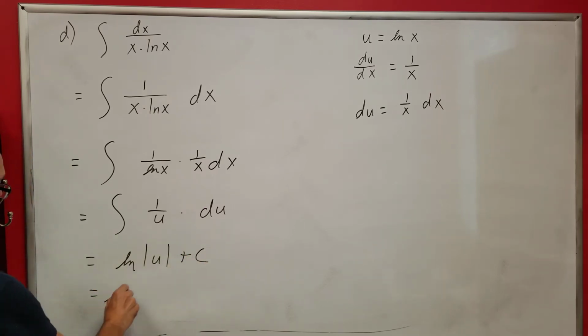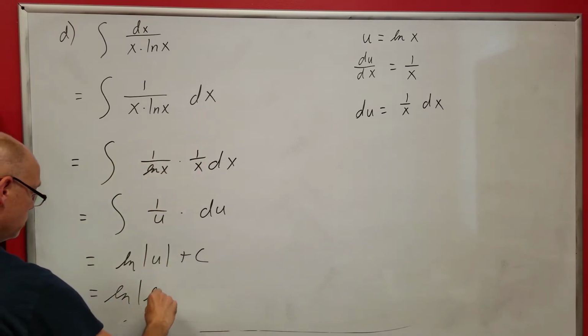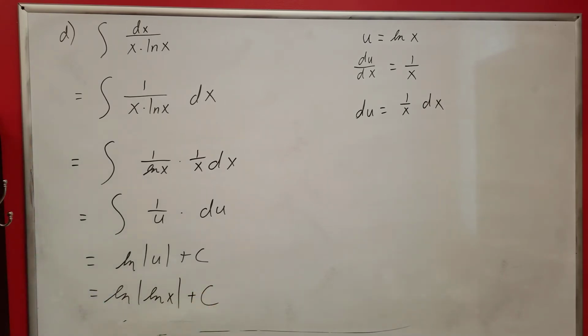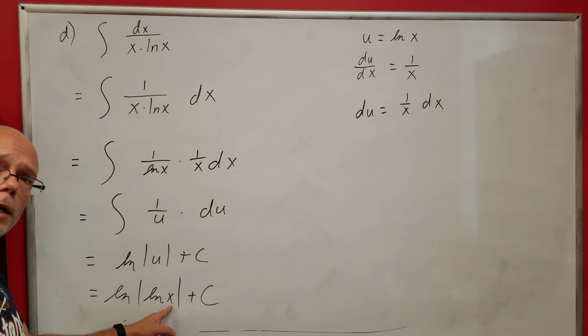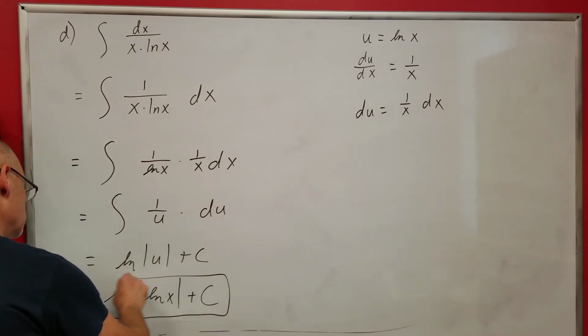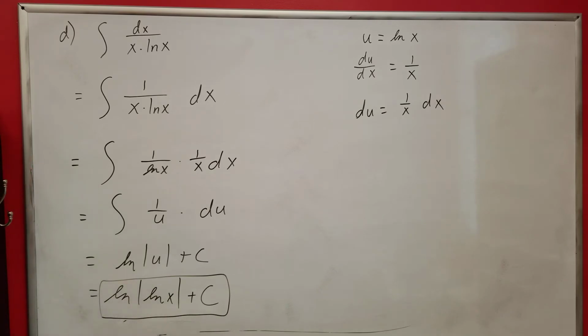Let's back substitute. Natural log of the absolute value, what's u again? Natural log of x, plus c. Now my natural log of x will not always be positive, so I can't replace it this time with some parentheses. I have to keep it as the absolute value.